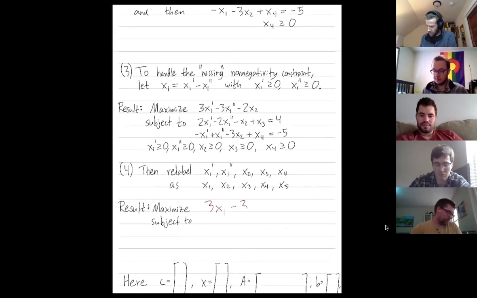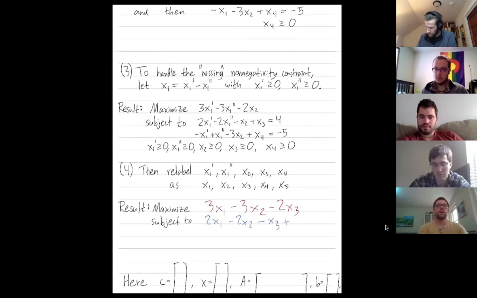3x1 minus 3x2, because I've relabeled x1 double prime as x2, minus 2x3, subject to, I should write this a little bit more cleanly, subject to 2x1 minus 2x2 minus x3 plus x4 is equal to 4, and negative x1 plus x2 minus 3x3.